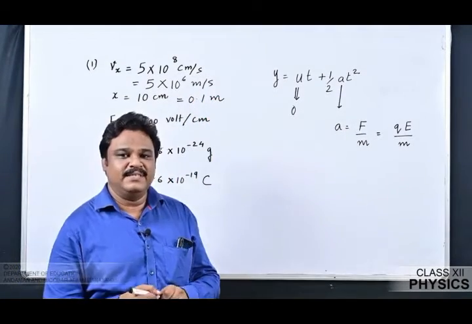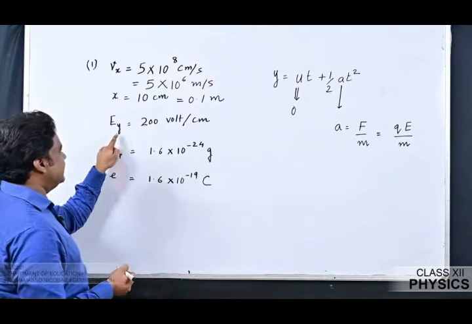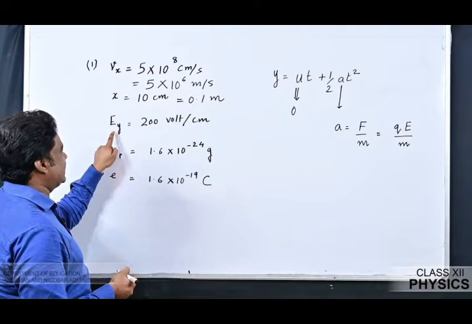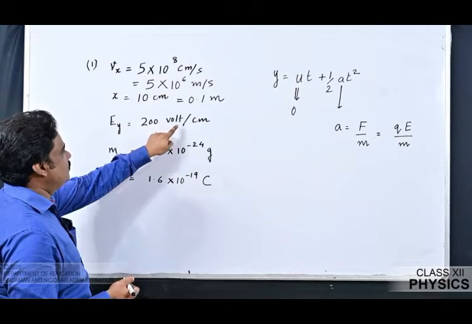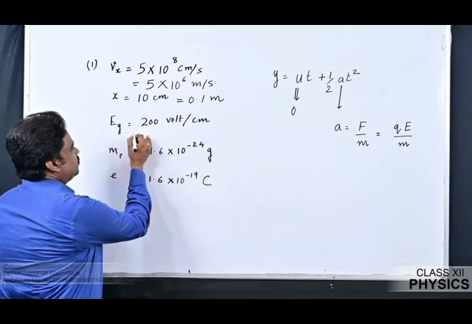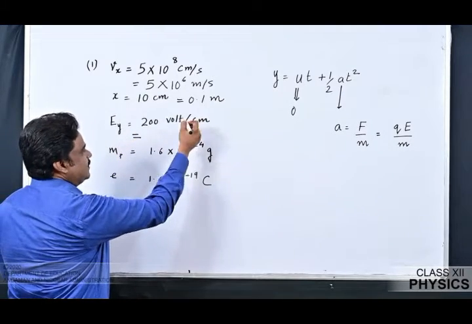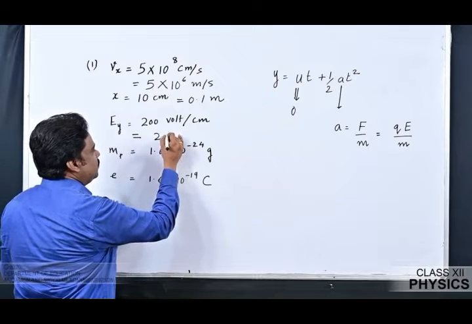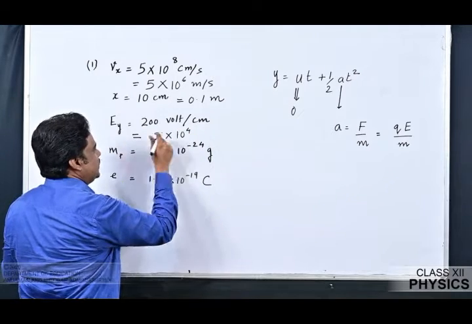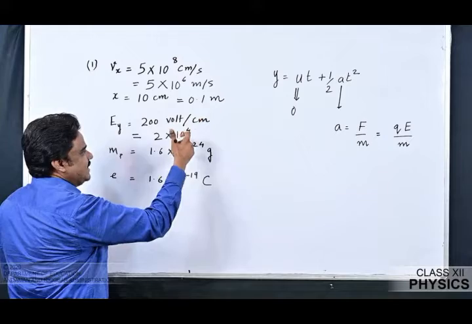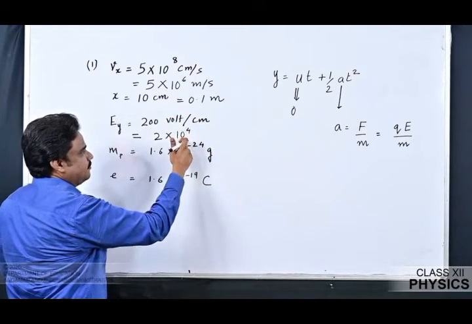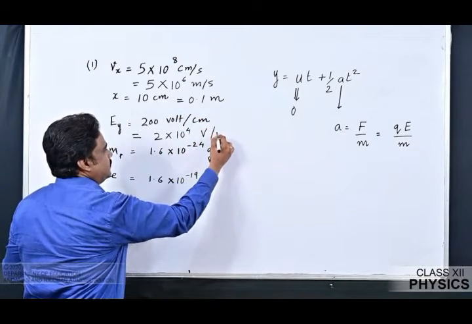The electric field, you are able to see, is acting along y-axis. Ey is equal to 200 volt per centimeter. Convert it into per meter, it will be 2 into 10 power 4. You are able to see there is 10 power 2 by 10 power minus 2, when it moves up, it will be 10 power 4 volt per meter.